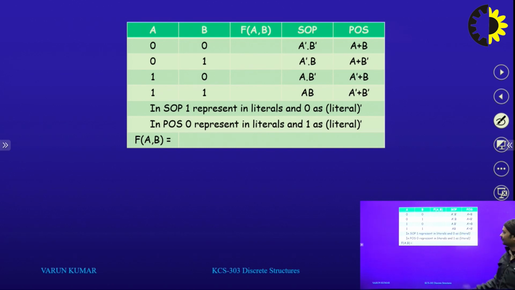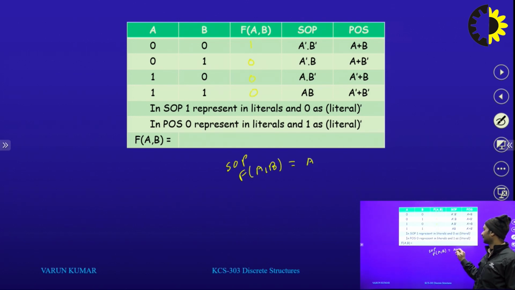If we have a Boolean function like this, 1, 0, 0 and 0, can we represent this in SOP? SOP counts only 1s. So in SOP our function, which depends upon A and B, becomes A bar and B bar. Or in POS, the same function we can write in A and B. How many times are there zeros?